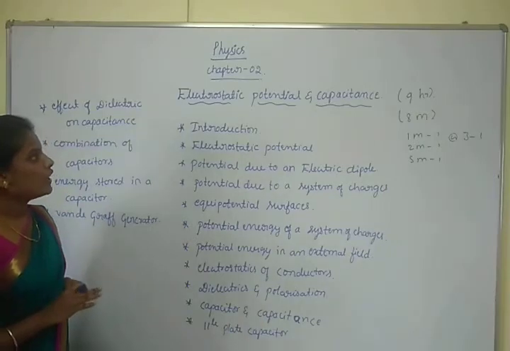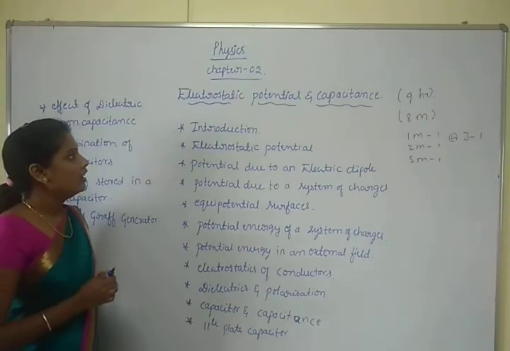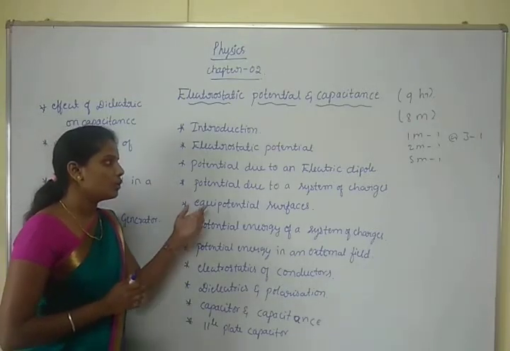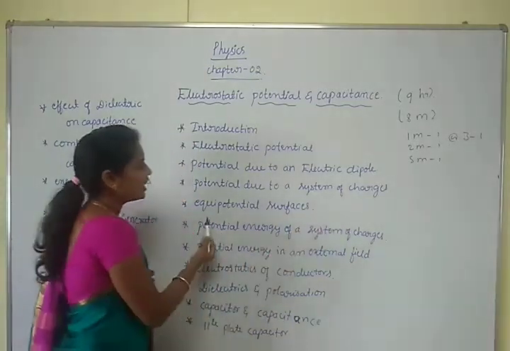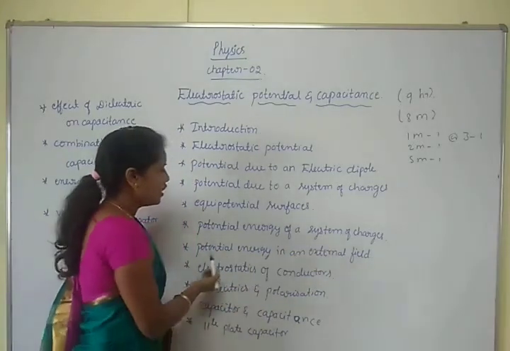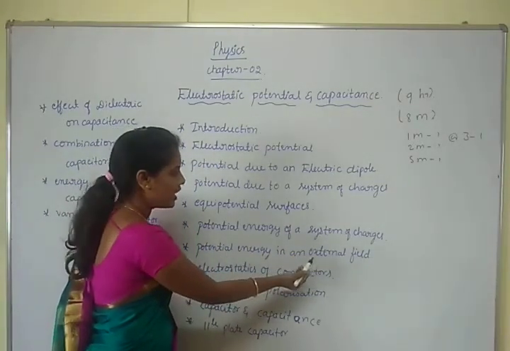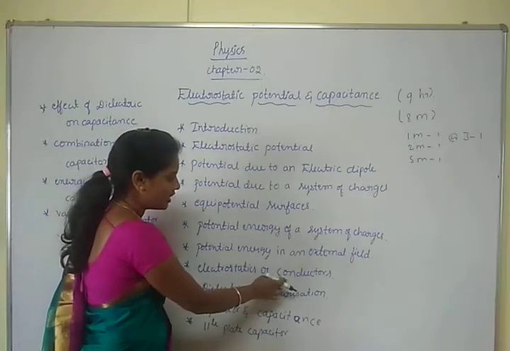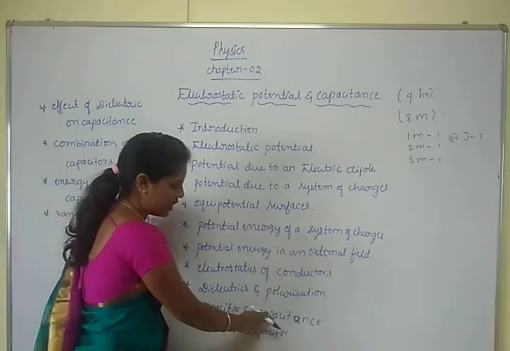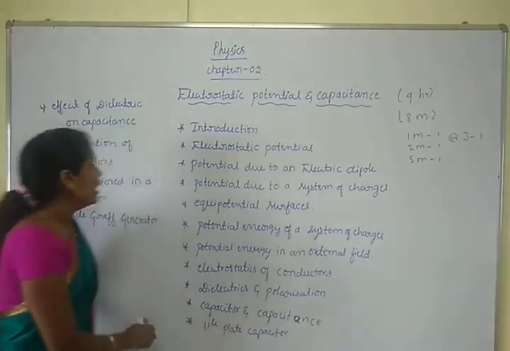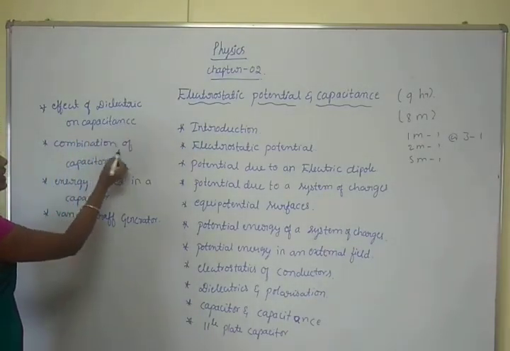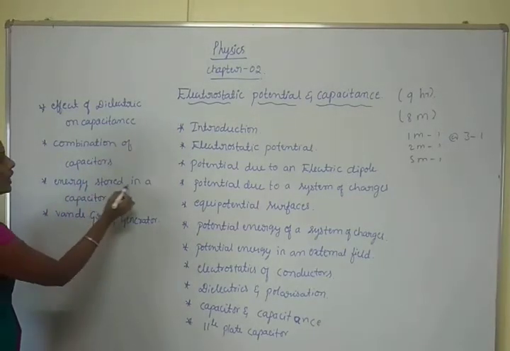In this chapter, we are going to study the concept called electrostatic potential, potential due to electric dipole, potential due to system of charges and equipotential surface, potential energy of a system of charges, potential energy in an external field, electrostatics of conductors, dielectrics and polarization, capacitor and capacitance and parallel plate capacitor, and a few more concepts like effect of dielectric on capacitance, combination of capacitors and the energy stored in the capacitor.